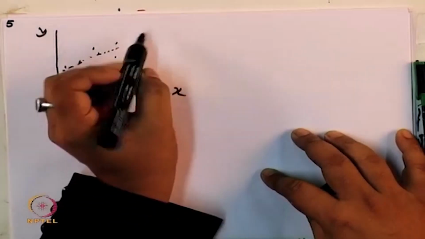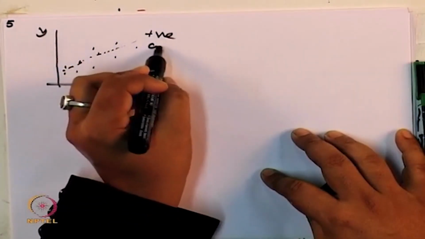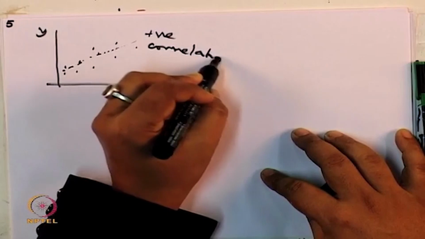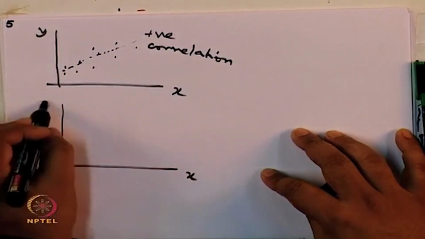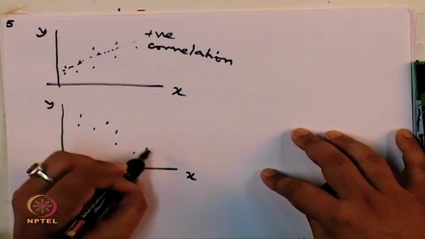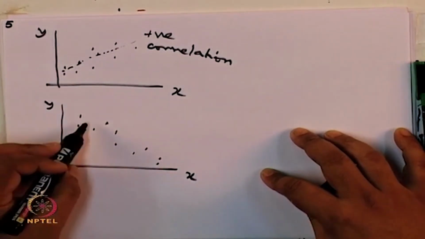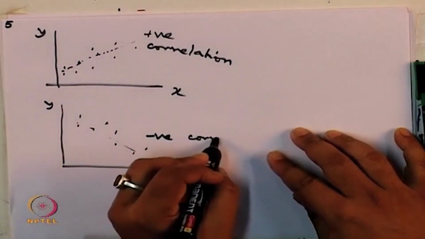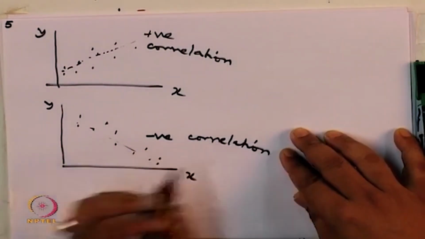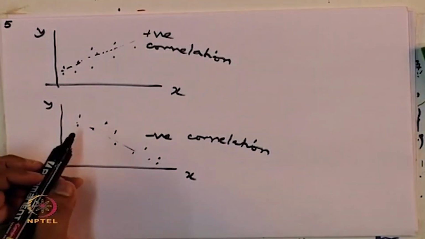This is an example of positive correlation. On the other hand, if my data were to look something like this, this is negative correlation, as we saw in the case of weight and fitness.